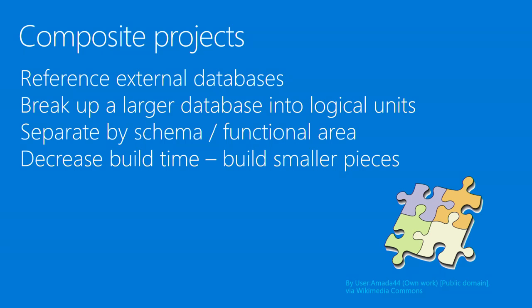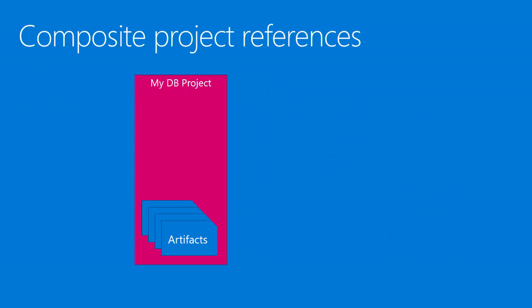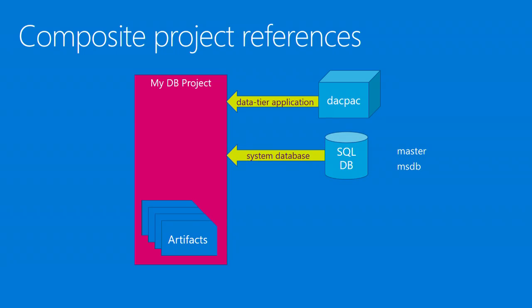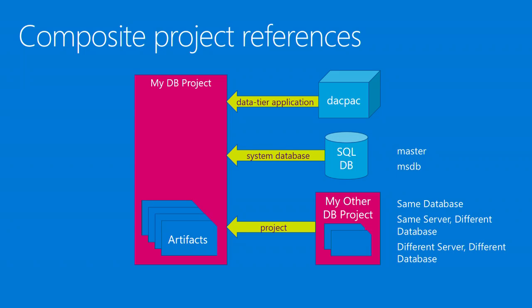So let's have a look at composite project references. So here's my database project, and these are my artifacts, my tables and stored procedures and things. And that project can reference a DACFx, a system database, master or MSDB, or another database project. And those database project references can be same database.